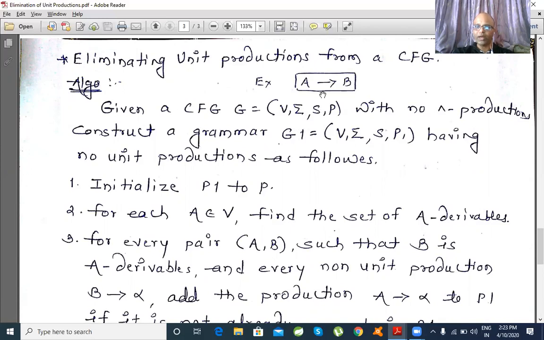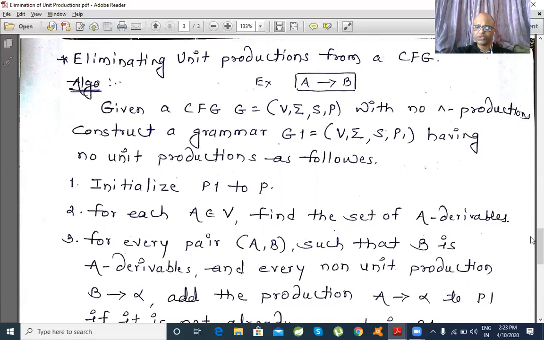And while eliminating this, we should make sure that if this context-free grammar is generating all strings of a particular L, then by removing unit productions from the given grammar, the resultant grammar G1 should generate all the strings of the particular L which G was accepting.